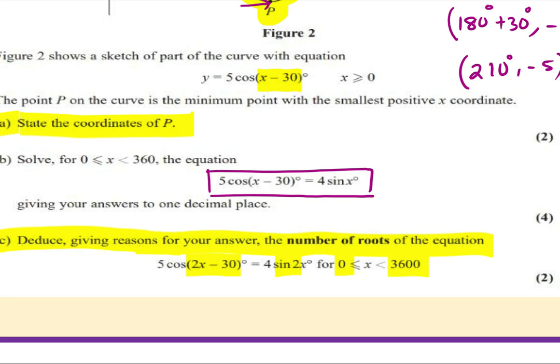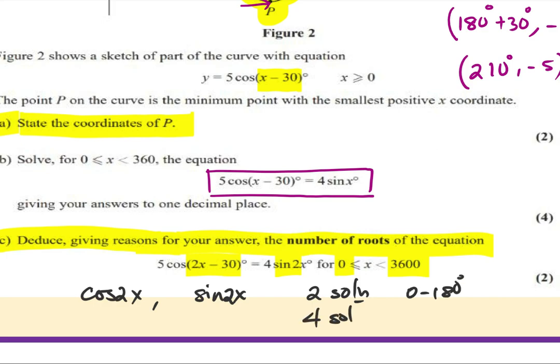Now, we have two solutions when we are looking into the previous equation. And now what has happened? Can you tell me how will the number of solutions change? Since we have cos 2x and sin 2x, we have horizontally compressed the waves by half, and therefore we'll have two solutions in 0 to 180 degrees, 4 solutions in 0 to 360 degrees, and times 10, which is 40 solutions when we talk about 0 to 3600 degrees.